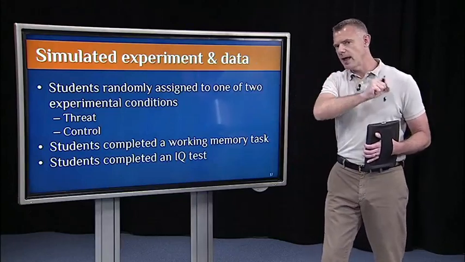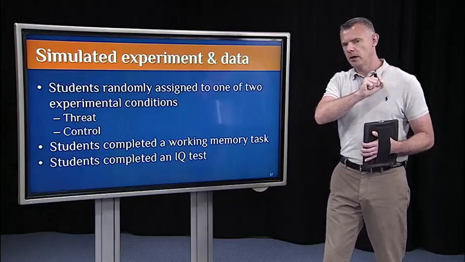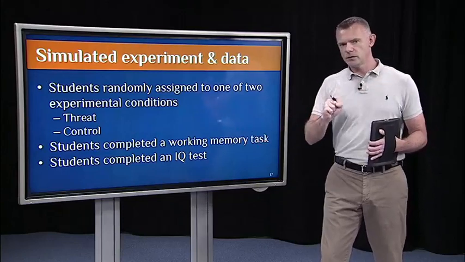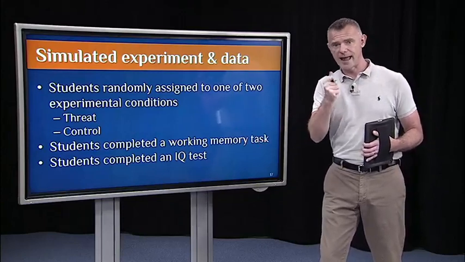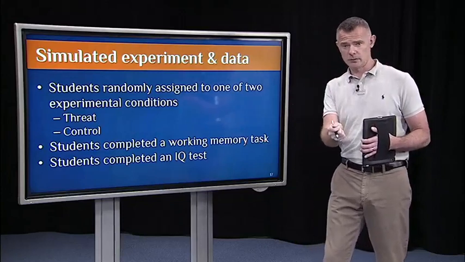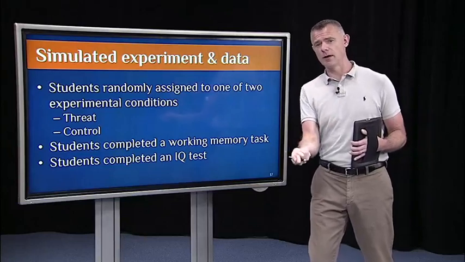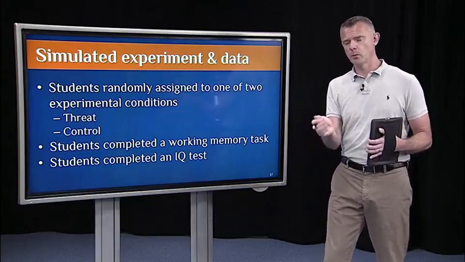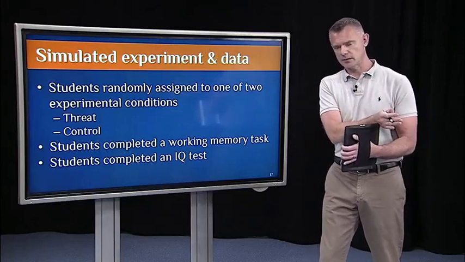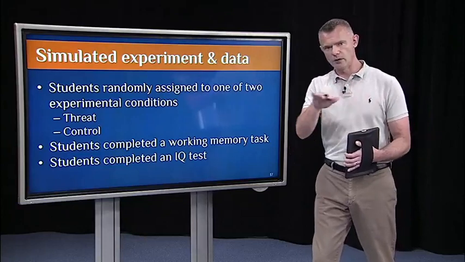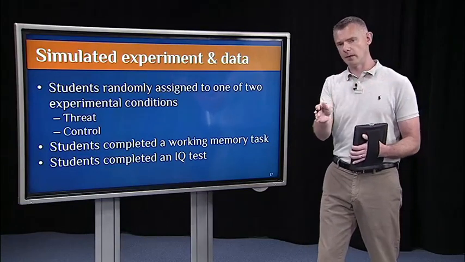Importantly, because in the last lecture we covered moderation, here the students are performing the working memory test after the threat manipulation. So it's assumed that the threat effect will also affect working memory performance. Whereas in the previous examples, we were measuring working memory before the threat.